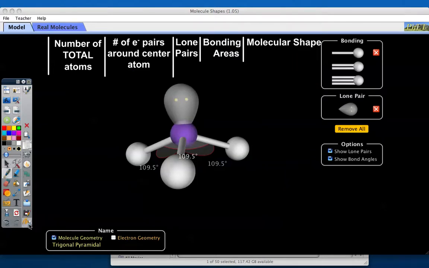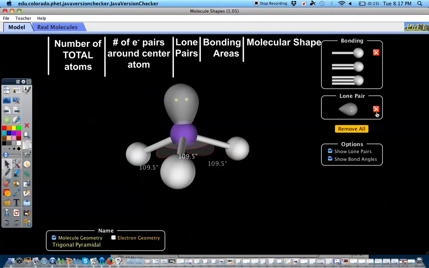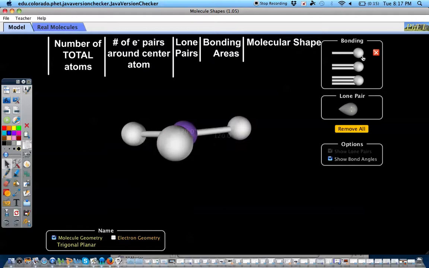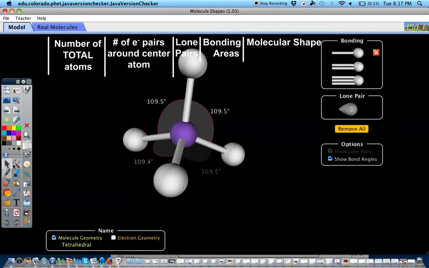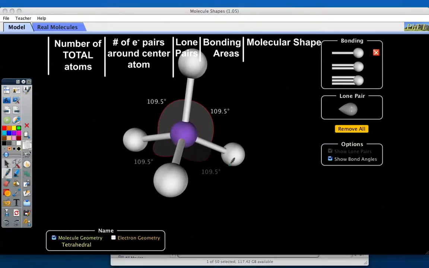So now, if I remove that lone pair, so it goes back to that planar shape, but I replace that lone pair with another atom, I've now changed my number of total atoms. I have 5 total atoms.